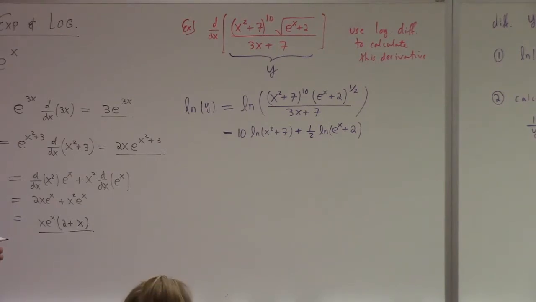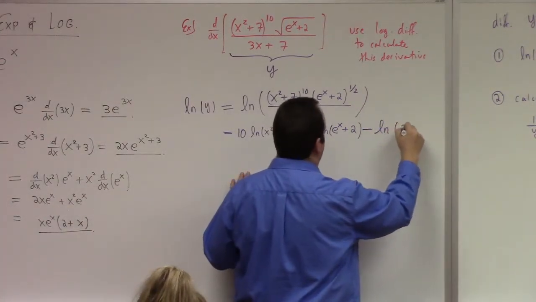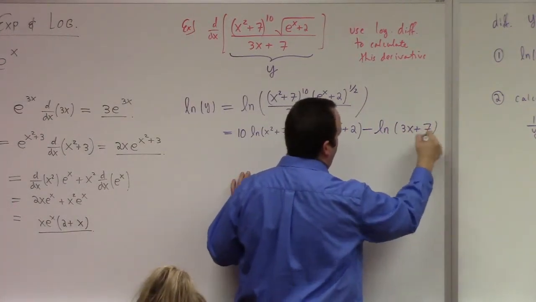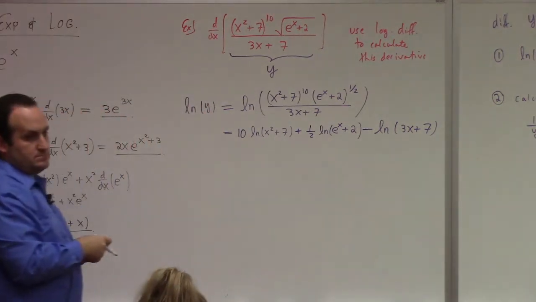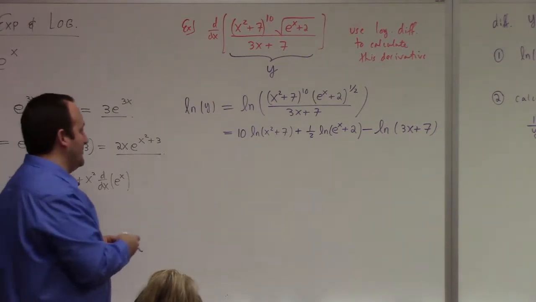From the exponent. Where'd the half come from? The exponent again. We're adding because they're products. Division gives us minus, right? So I get minus the natural log of 3x plus 7. That's about as simple as we can get. Remember that the natural log of a sum is unhappiness, so it can't be removed. Oh, sorry, it's kind of a bleak picture of mathematics.